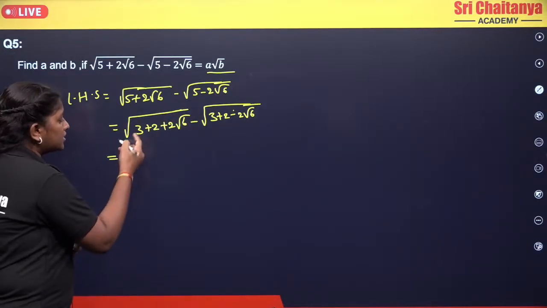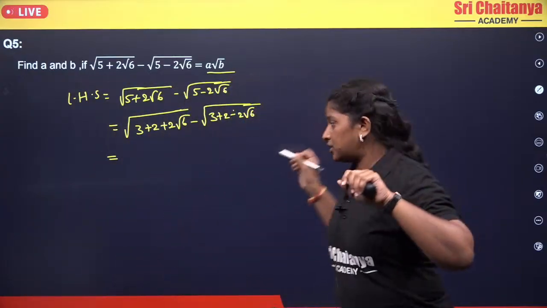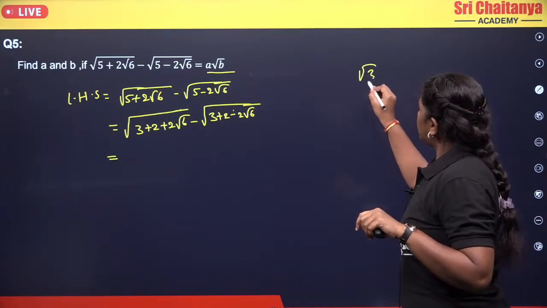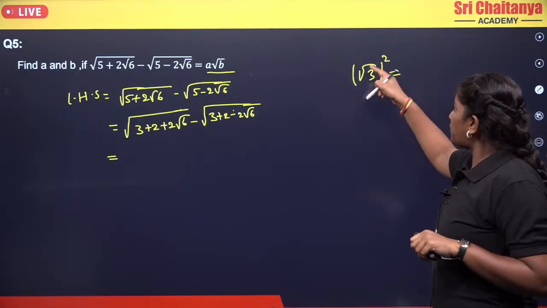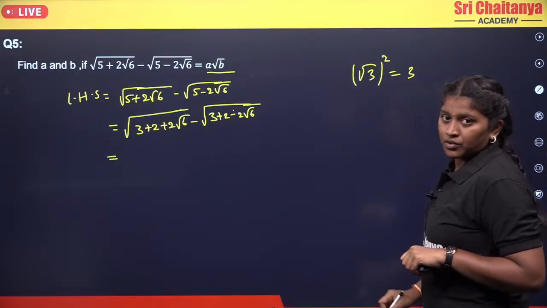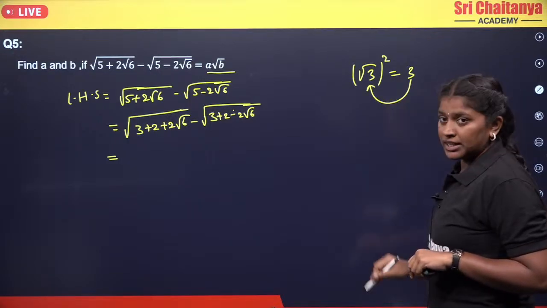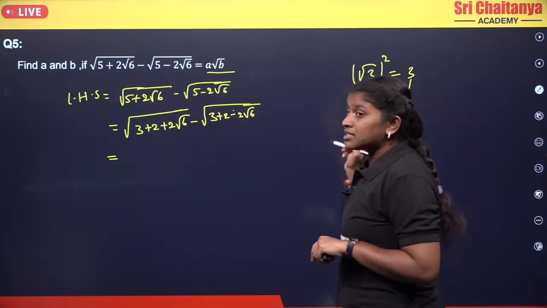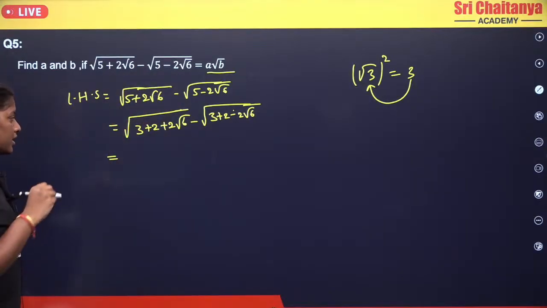And how can we get the 3? If I have root 3 whole square, what will be the answer? Square and root will get cancelled, so we will get 3. So can I write my 3 as root 3 whole square? Yes, we can. Now let's replace our 3 with root 3 whole square here.